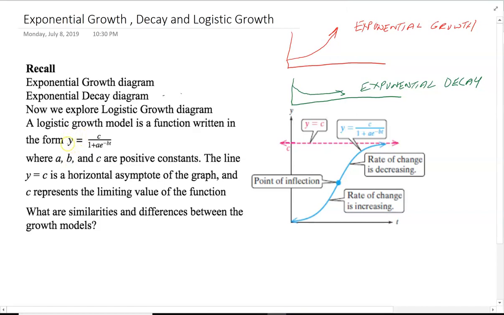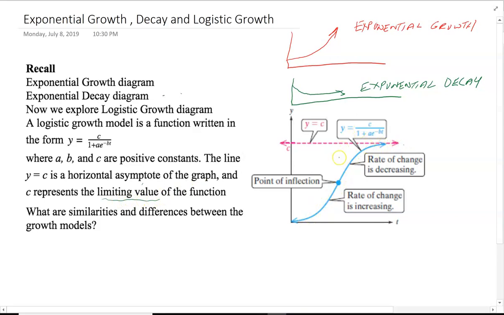We use the form y is equal to c over a times e to the negative bt, where a, b, and c are positive constants. The line y equals c is a horizontal asymptote of the graph. That means it's a limiting value, the value that the function will not go beyond.